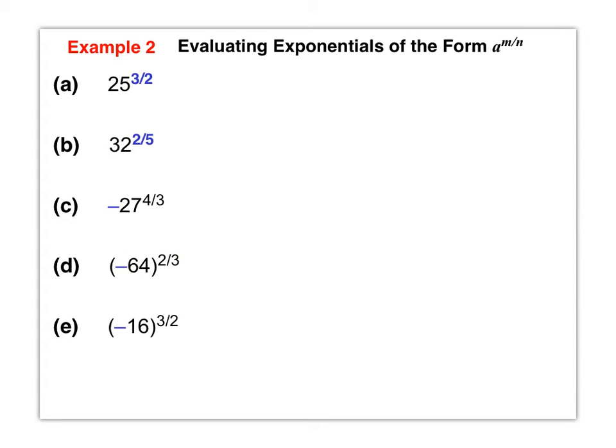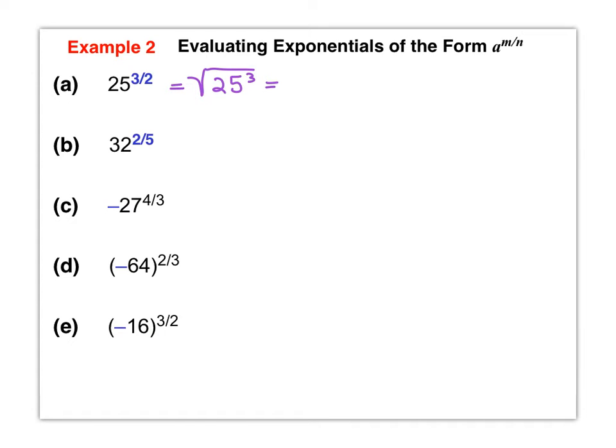Now we're looking at evaluating exponentials of the form a raised to the m divided by n power. In example A, we have 25 raised to the 3/2 power. 25 to the 3/2 power can be written as the square root of 25 to the 3rd power.